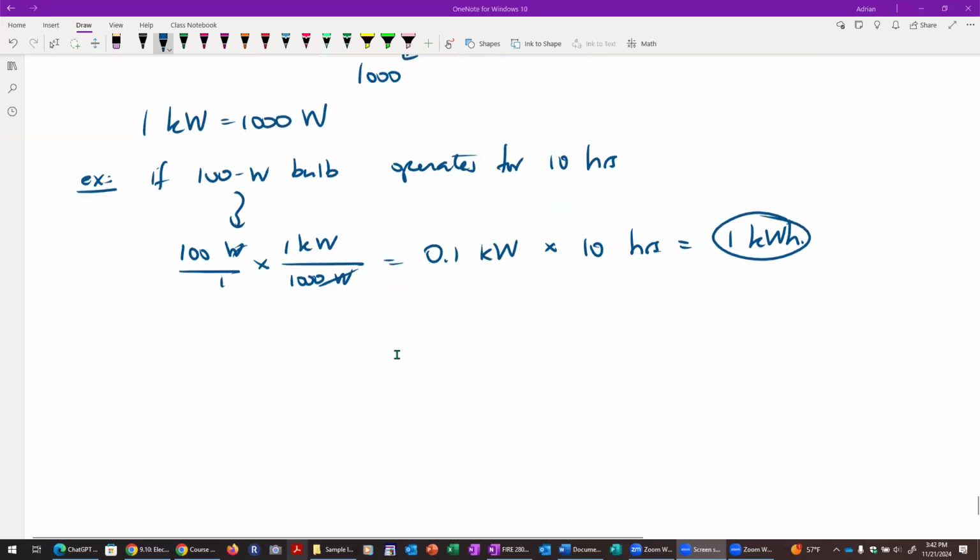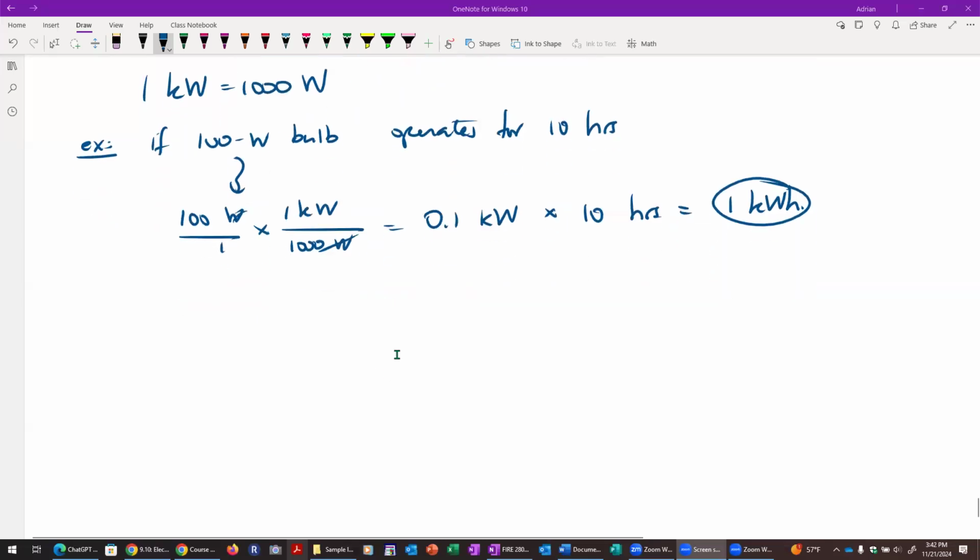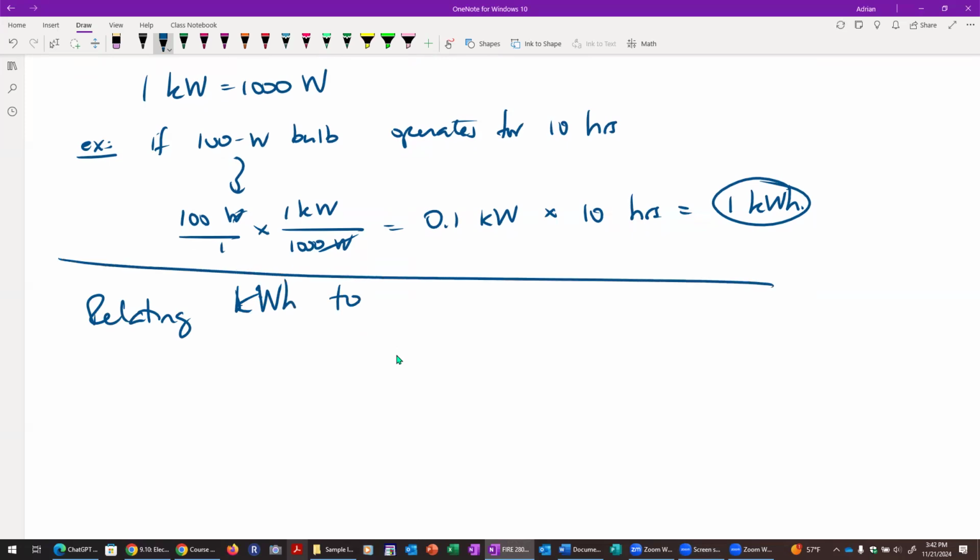All right, so the last thing we can do here is relate this energy consumption to units of energy that we've seen before. So relating a kilowatt hour, with a lowercase k, to a unit of energy that we've seen a lot before, which is the joule.